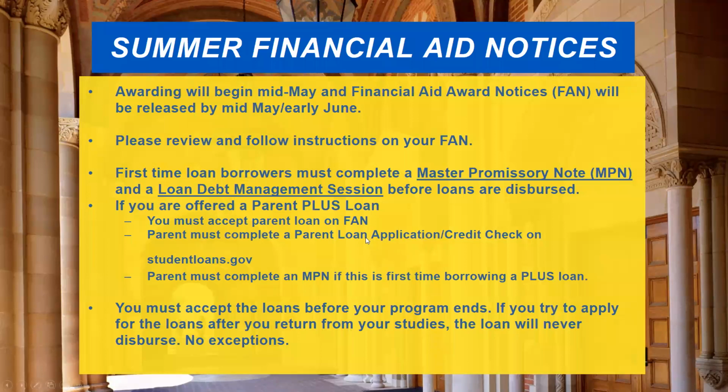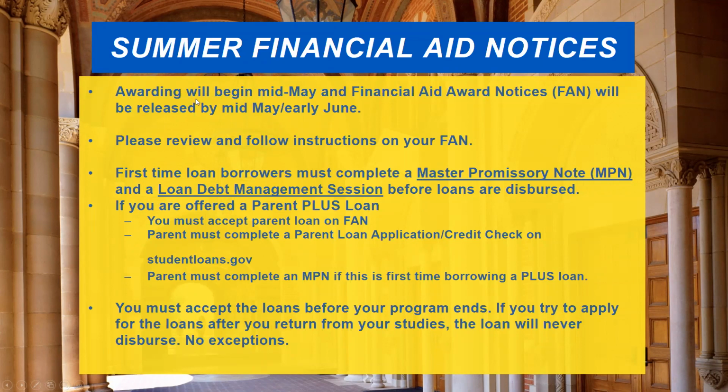Okay, the summer financial aid notifications, also known as the FAN, will be on My UCLA. That's where you'll find your financial aid notification. We're going to begin processing the awards in mid-May.